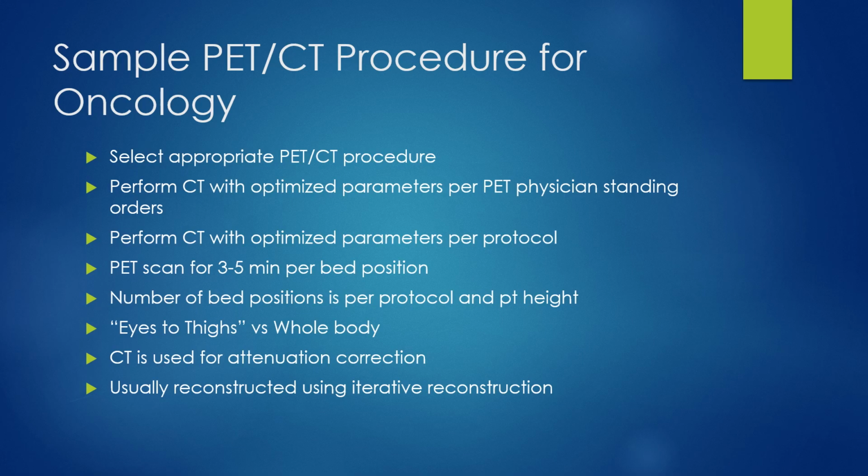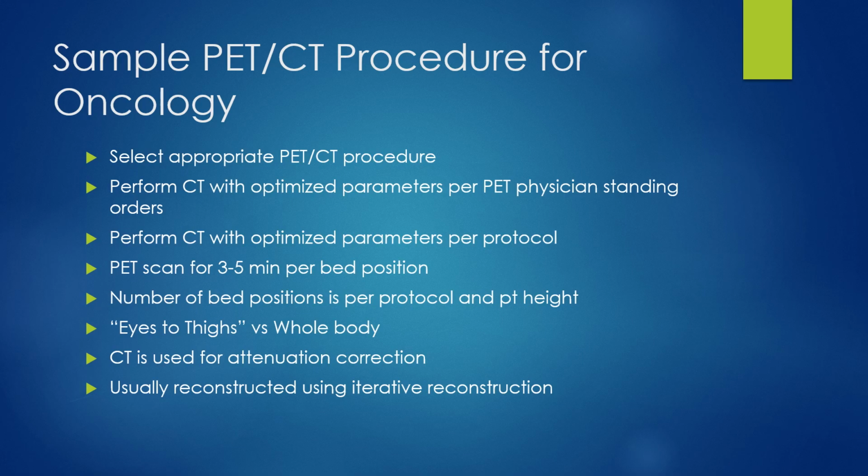So select the appropriate PET CT procedure, perform the CT with optimized parameters per the PET physician's standing orders and per protocol. You do the scout first, you use that to set the parameters for the CT for attenuation correction and the PET scan. Then the PET scan portion is performed.